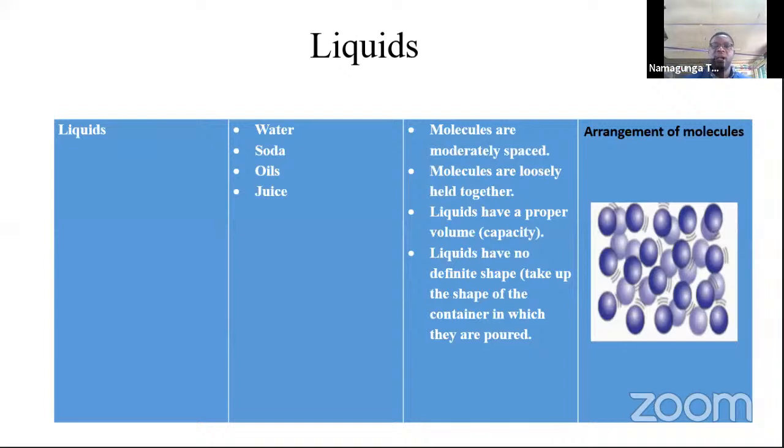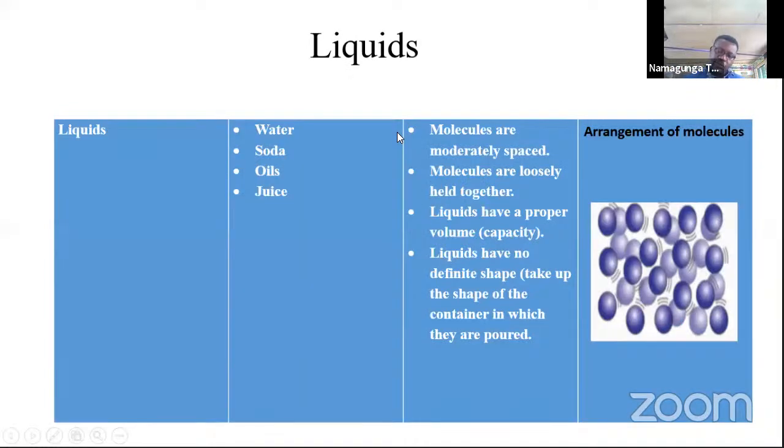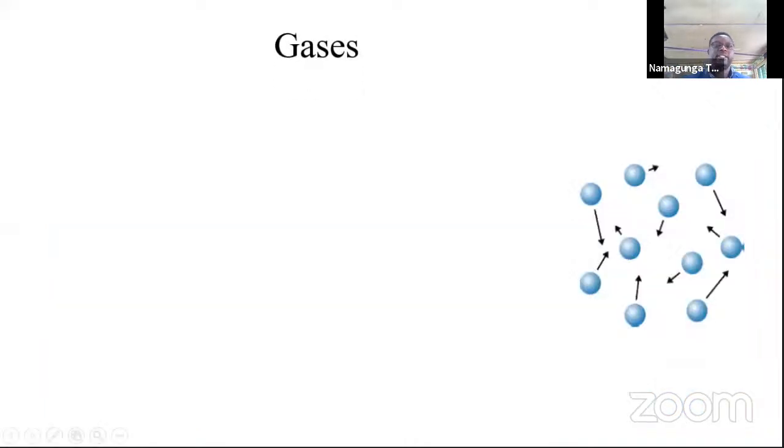So they do not have a definite or a well-defined shape. So when we look at the arrangements, you will see that the particles are not closely packed like in solids. Are we together? So let's look at gases. Let's look at gases.